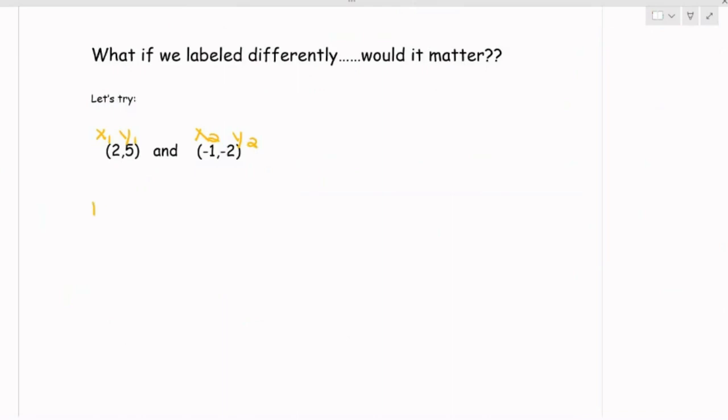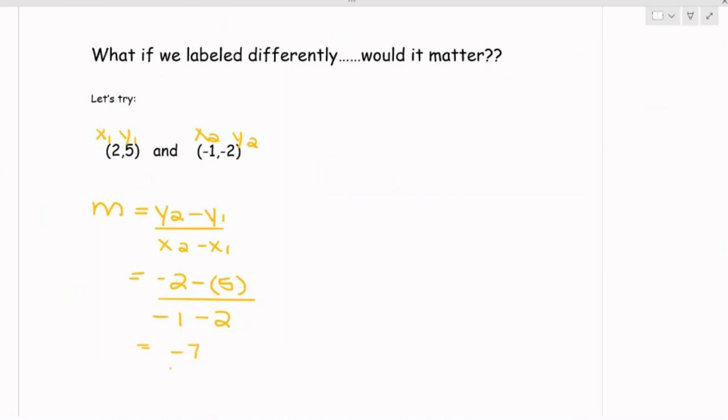So the slope formula, writing it out with me, always write out your formulas. y2 take away y1 divided by x2 take away x1. So if we do this properly, y2 is assigned a value of -2 from up above. Subtract y1, which is 5, divided by x2, which is -1. Subtract x1, which is 2. So -2 minus 5 is -7.